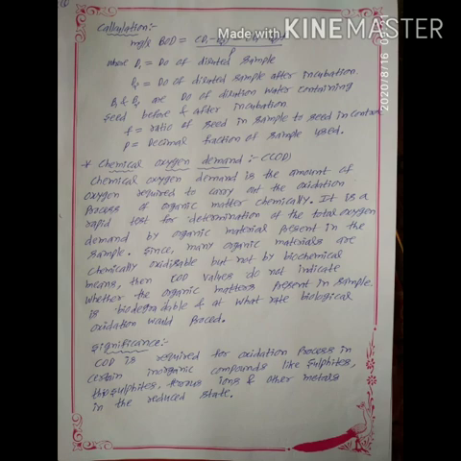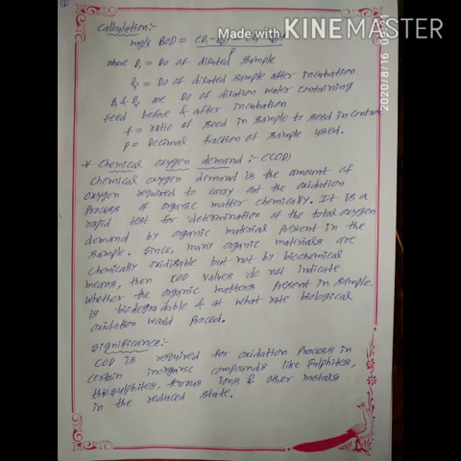Calculation: BOD equals (D1 minus D2) minus (B1 minus B2) into F, whole divided by P, where D1 is the DO of diluted sample, D2 is the DO of diluted sample after incubation, B1 and B2 are DO of dilution water containing seed before and after incubation, F is the ratio of seed in sample to seed in control, and P is the decimal fraction of sample used.